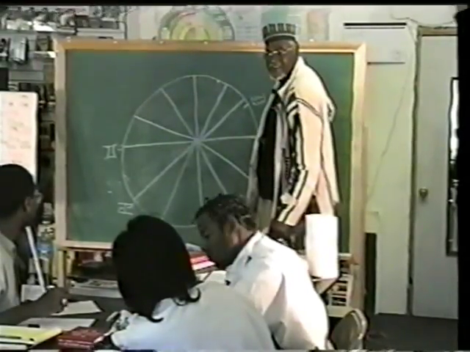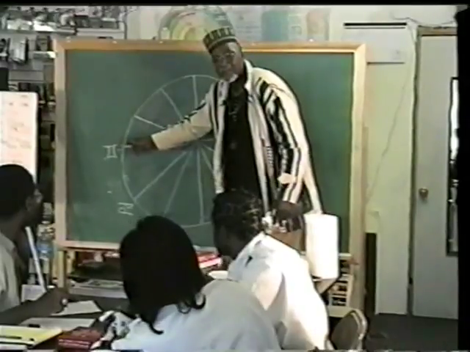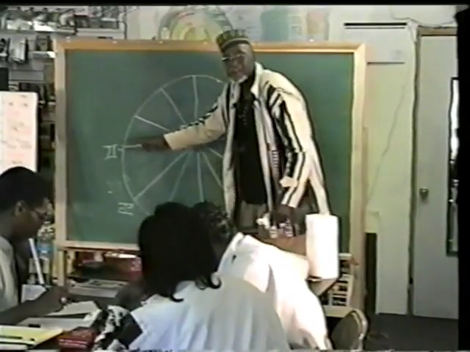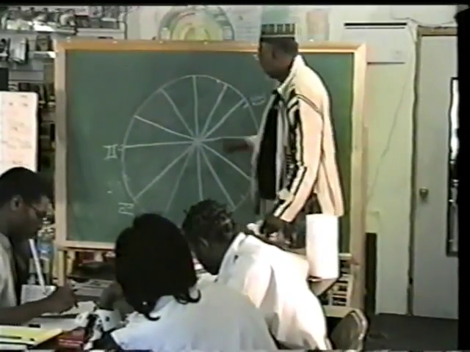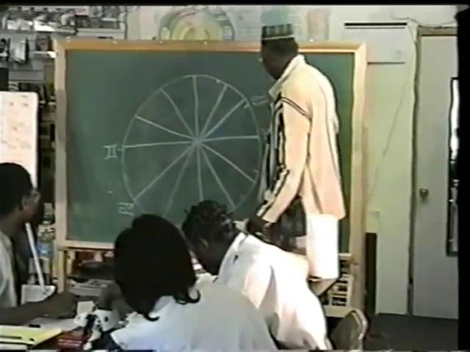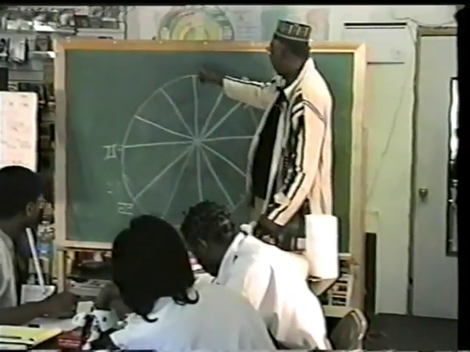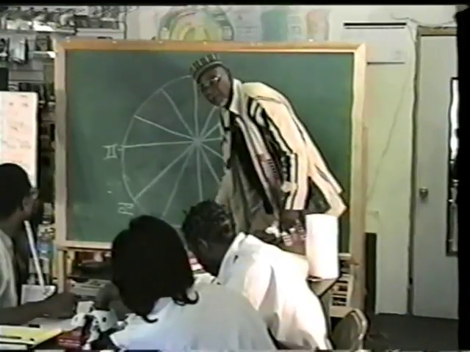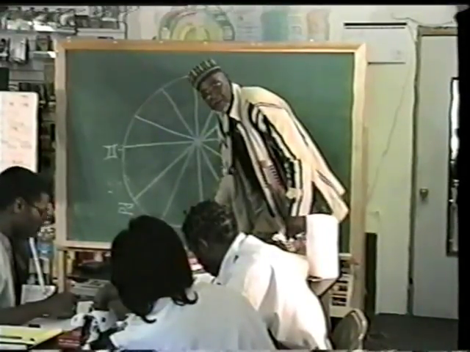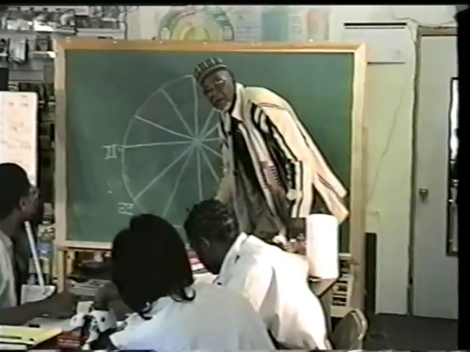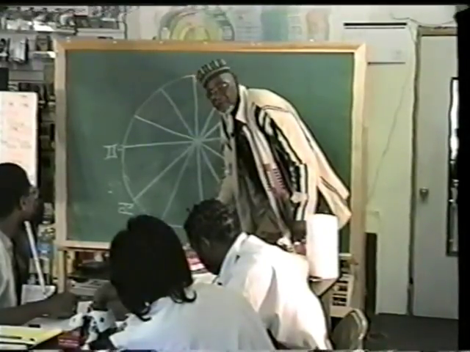Okay? Whatever sign is 0 degrees here, its very opposite will be here. This is the ascendant. This is the descendant. This is midheaven. This is the nadir, or the lowest point of decline of the sun.